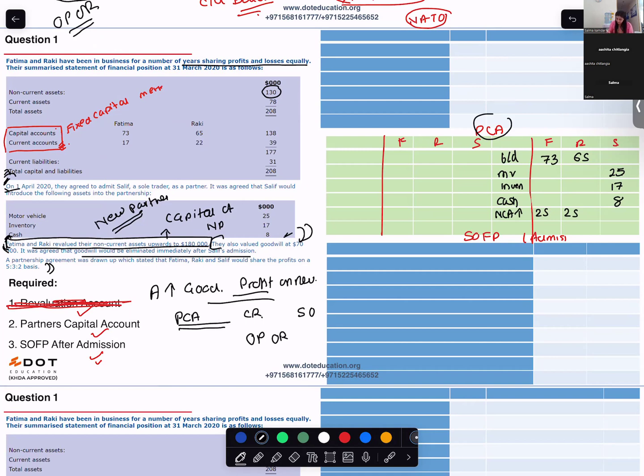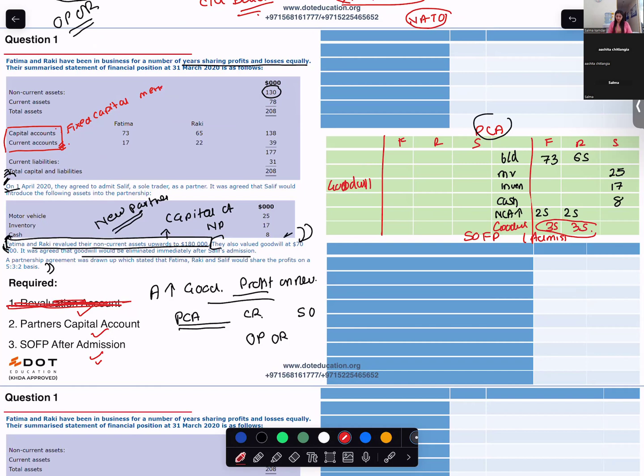So I will write goodwill at two places. Here it is going to be raised amongst the old partners, old ratio. How much? 70,000. So divide it between the partners. 35, 35.